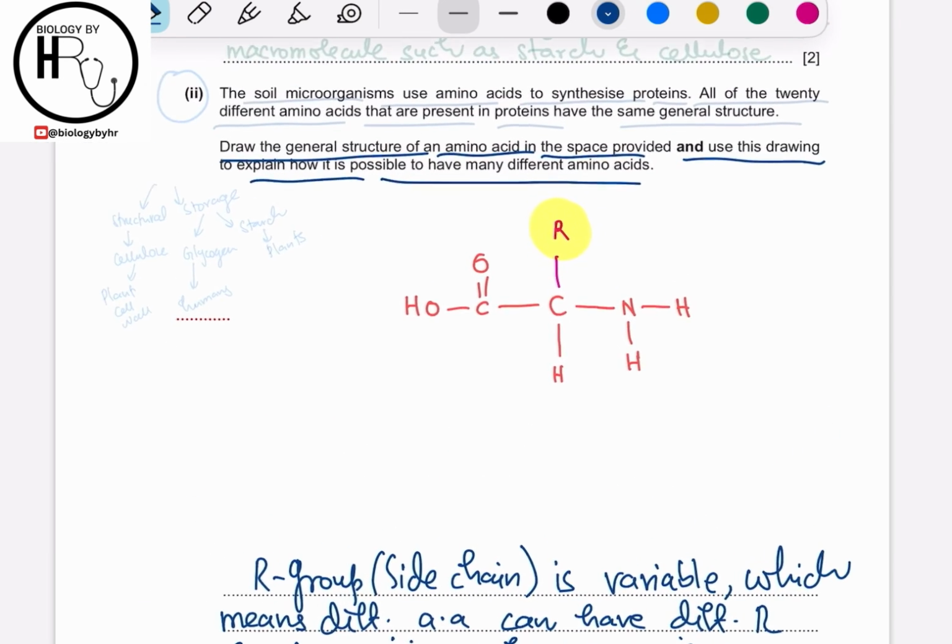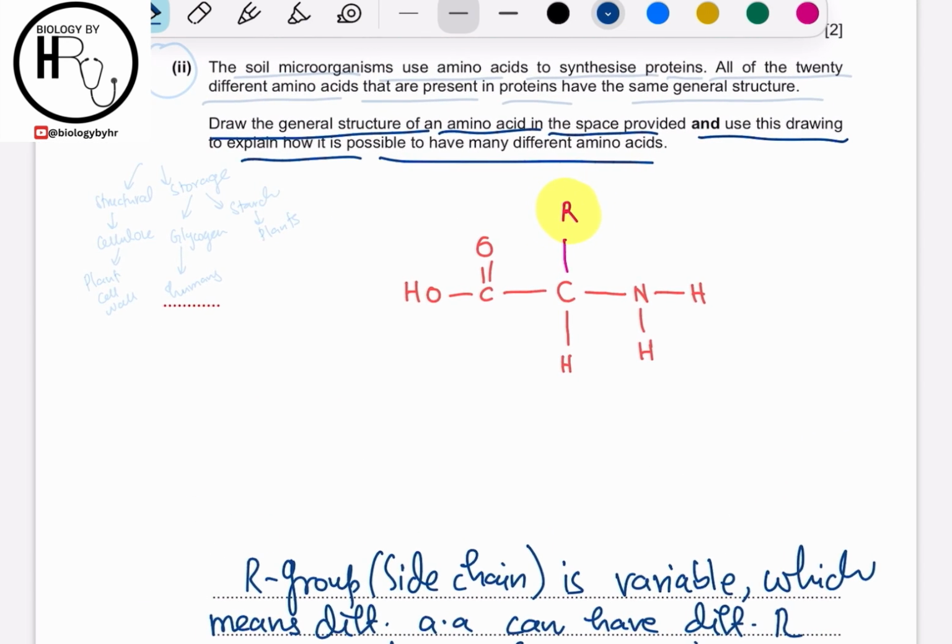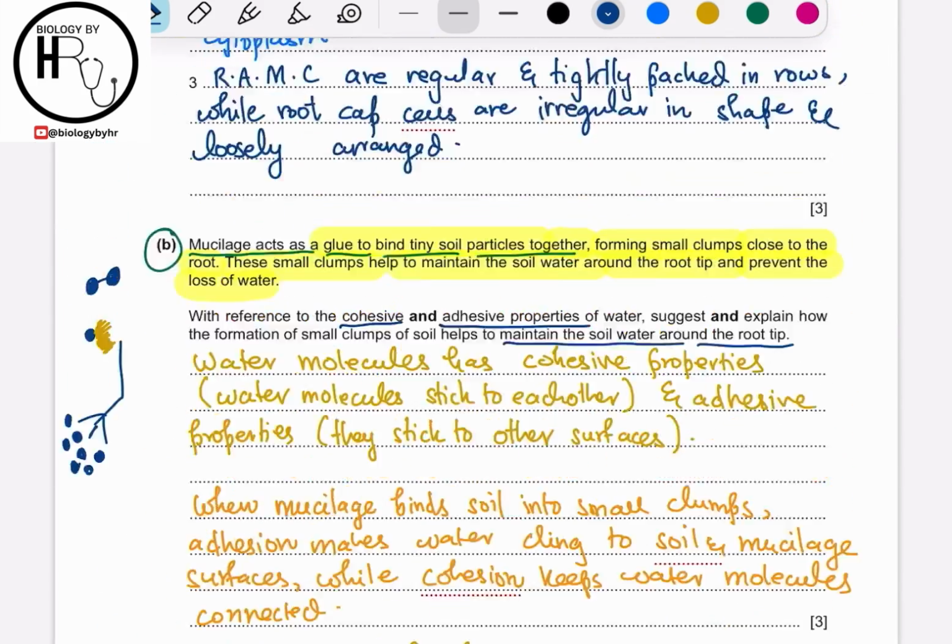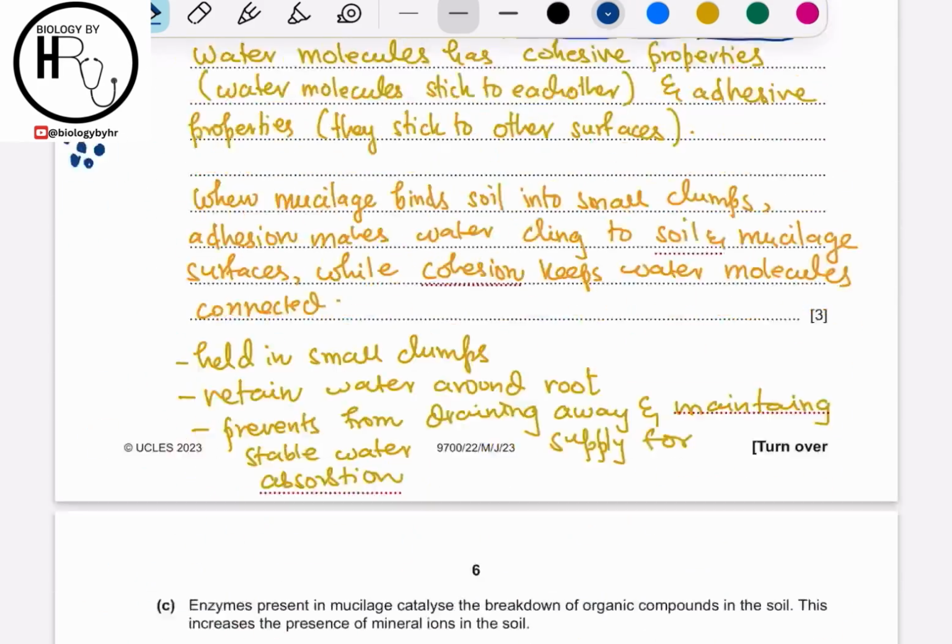So this is basically about part 2. I hope that this is clear to you guys. This question is actually a very lengthy question.